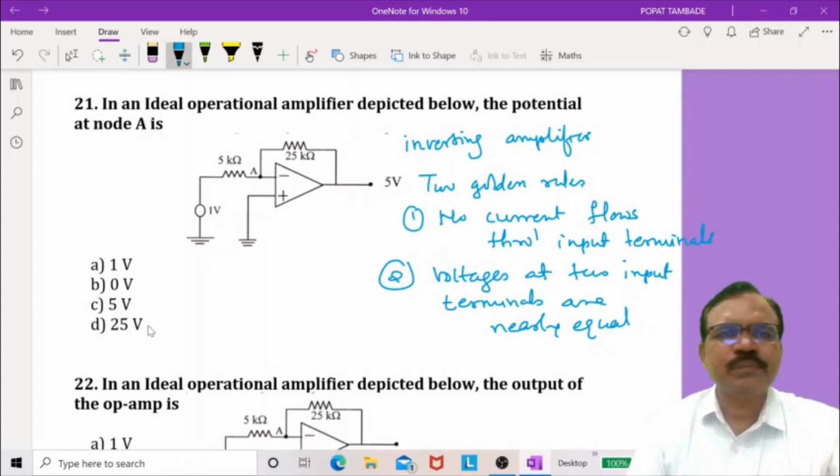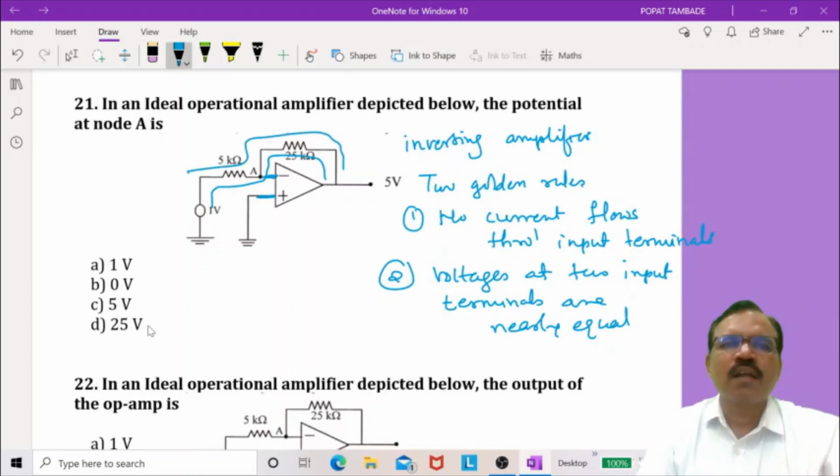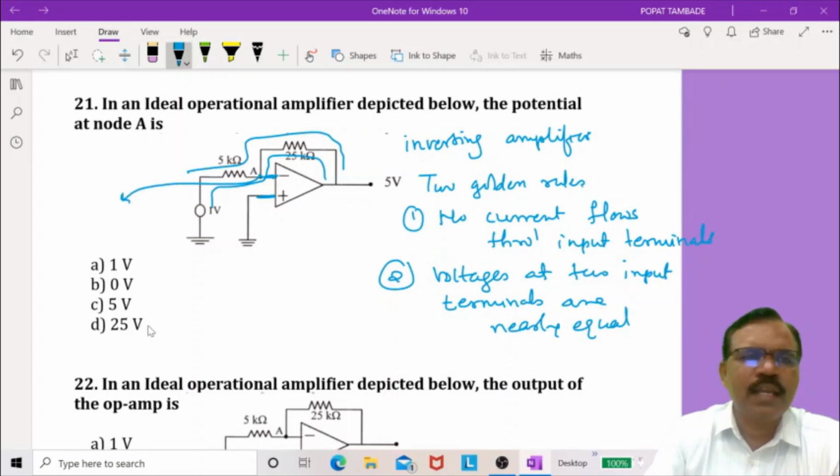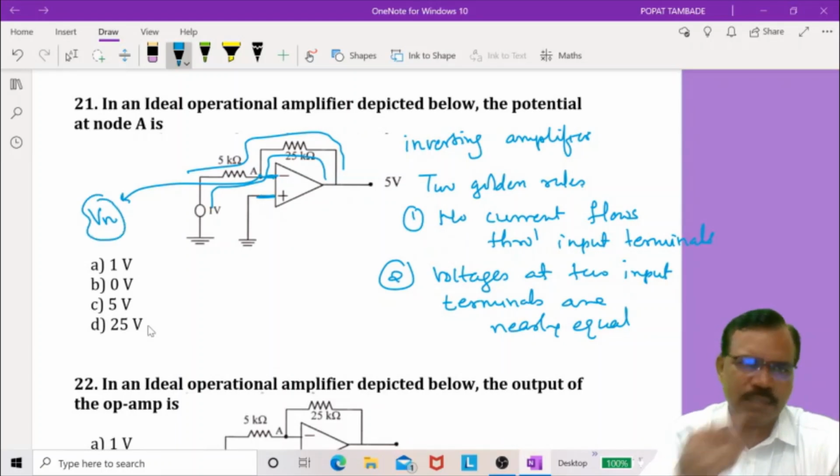Now see here. If we take this and this, no current flows through this. When we have current, the current may flow like this or like this, but no current flows through the input. And voltages at the two input terminals are nearly equal. Now this point A is Vn, the input at the inverting terminal.